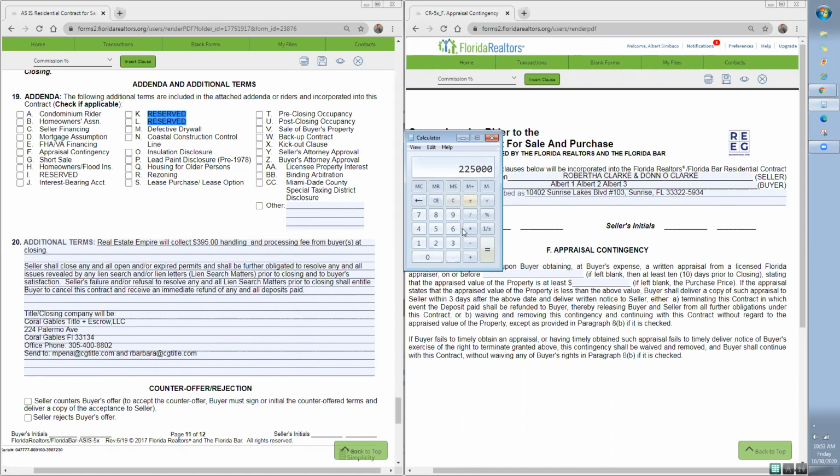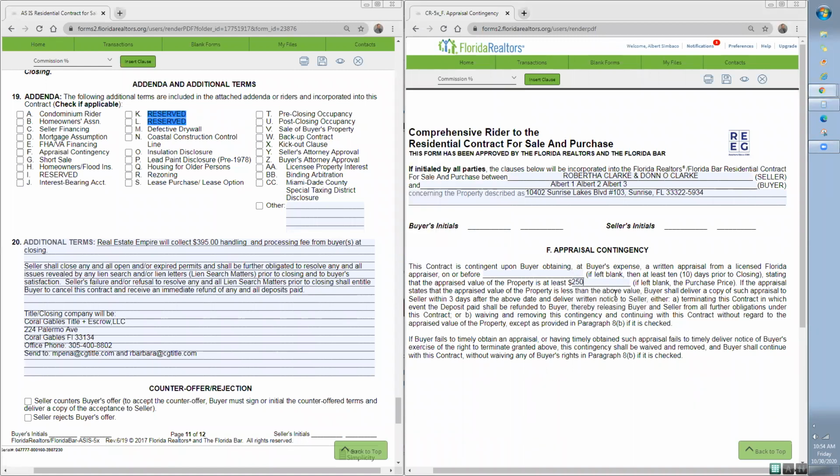Okay. Now, with the appraisal contingency, we are telling the seller, we are going to do an appraisal at least 10 days prior to closing, okay? And the value needs to be $250,000. If it is not $250,000, regardless of the loan contingency, I will be able to pull out of this contract.